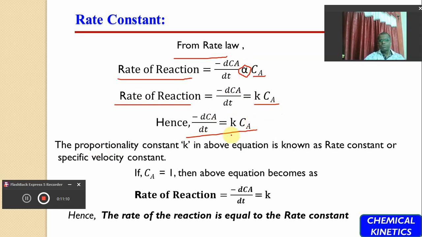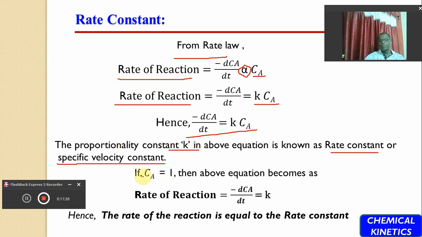This proportionality constant K in this equation is known simply as the rate constant, or the velocity constant, or sometimes the specific velocity constant. It is very simple to define this velocity constant, the rate constant. It definitely has some significance also; it gives particular information that we will discuss.